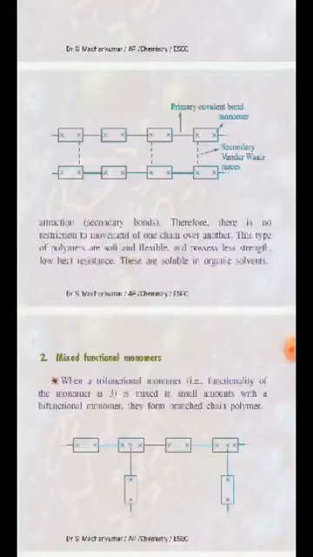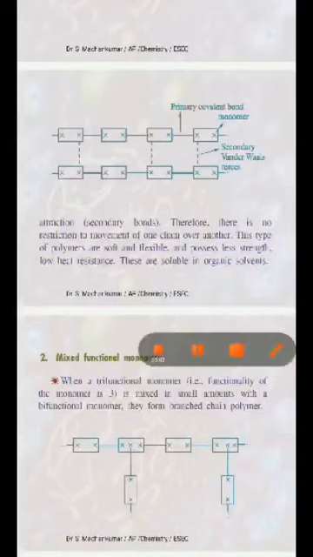Therefore, there is no restriction to movement of one chain over another. These types of polymers are soft and flexible and possess less strength and low heat resistance. These are soluble in organic solvents.